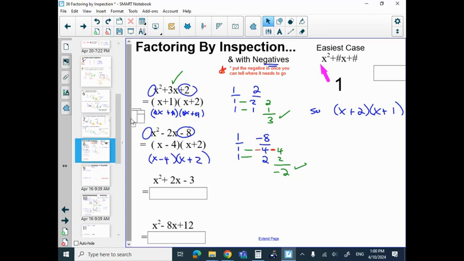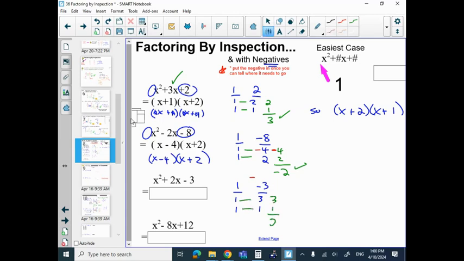Now, if you notice, that's because this number was the negative one, the bigger one, right? In this case, we're going to have 1 and negative 3. We're going to have a 1 and a 1 and a 3 and a 1. These are super easy to have prime numbers, right? There's no choices. But we know we need to have a negative somewhere. So if I put the negative somewhere, I don't want to commit to it yet. I just want to see, okay, I've got a 3 and a 1.